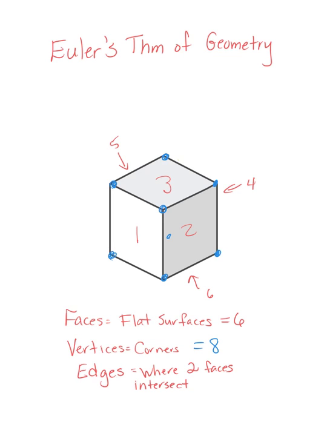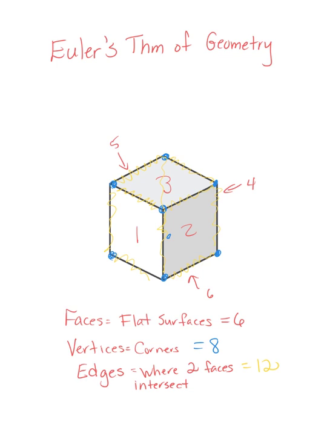Okay, so my edges are, there's 1, there's 2, 3, 4. Then I'd have 4 more on the bottom. 2 I can see and 2 I can't. So that'd be 8. And then you've got 9, 10, 11, and then 1 back there is 12. So I have 12 edges.